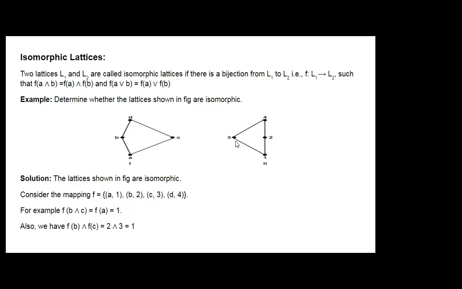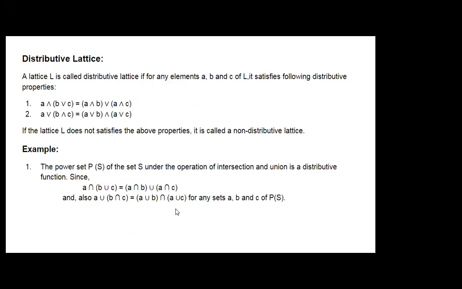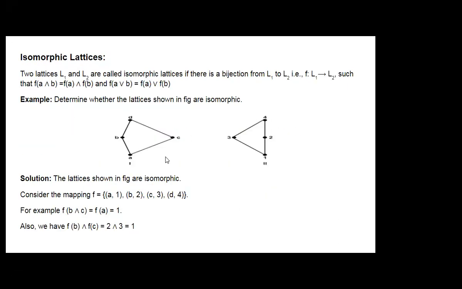Here we are performing the AND operation: 2 and 3 both gather at point 1. So we can say that these two are isomorphic lattices. Here is one example. We can go for this also: f of B or C, they come to D also. Yes or no?